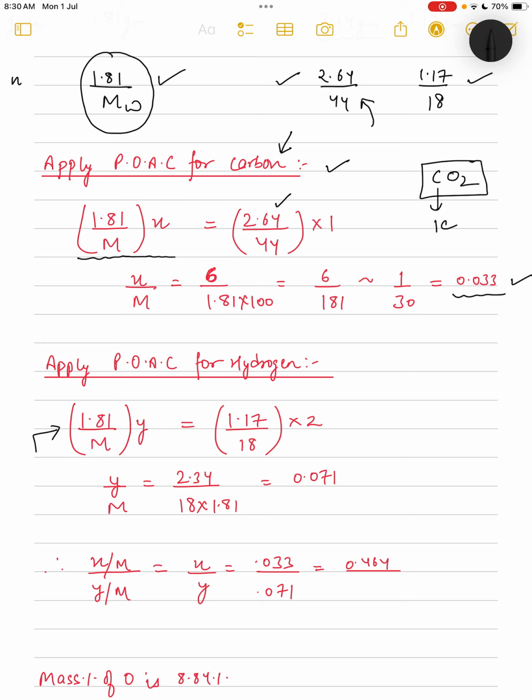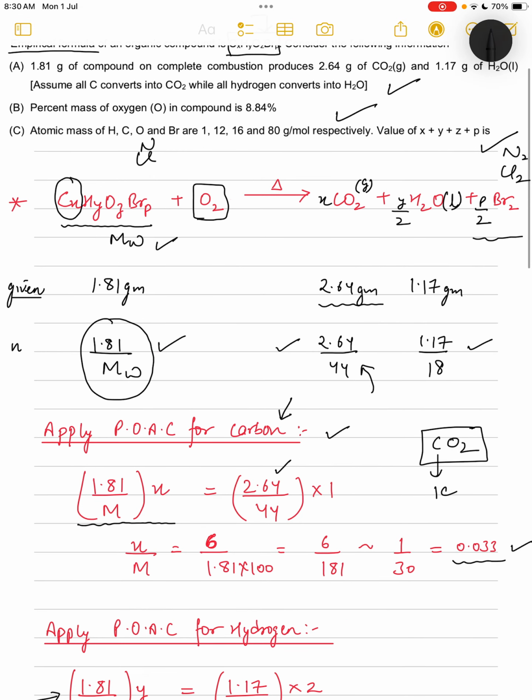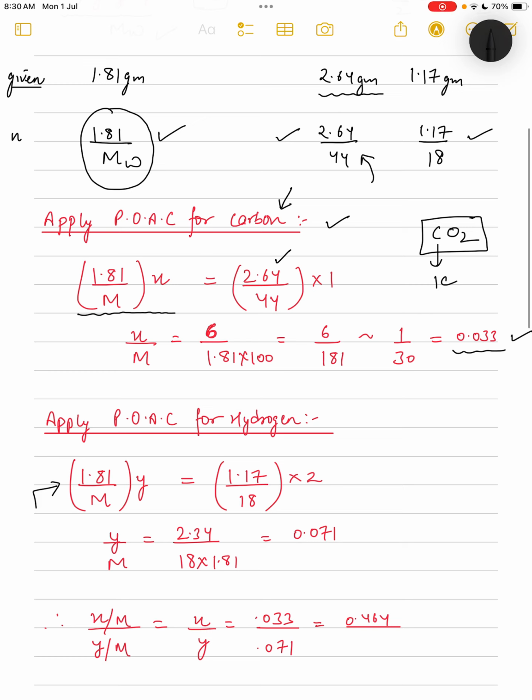It will be this many moles into the number of atoms of hydrogen. On the product side, we have water, and one molecule of H2O contains 2 moles of atoms of hydrogen, right? So in 1 mole we have 2 moles of atoms of hydrogen. Then in the given amount of moles, how many will there be?